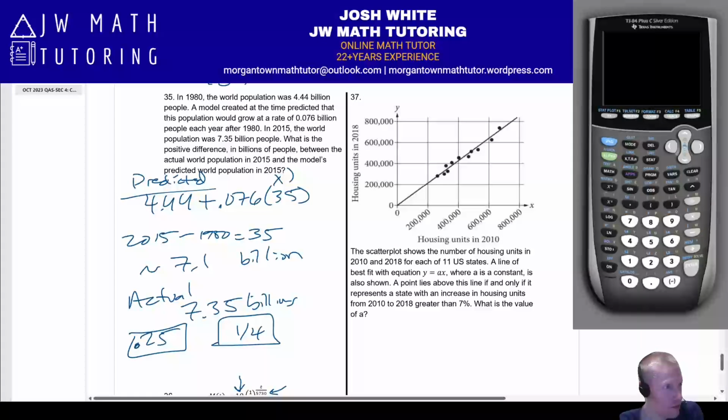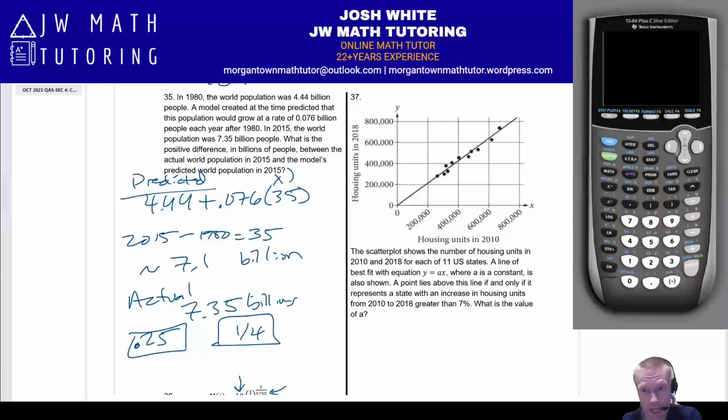All right, 37. This is probably the trickiest question on the test. So the way I would think about this, or go through this, is as follows. Basically, just trying to find my solution. Okay.